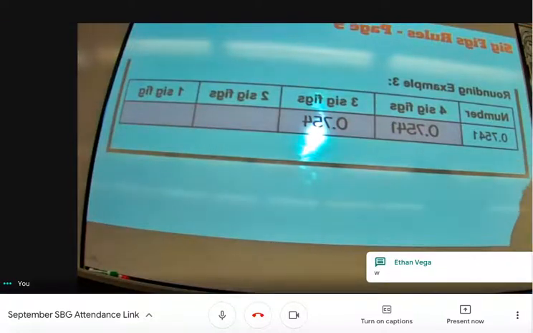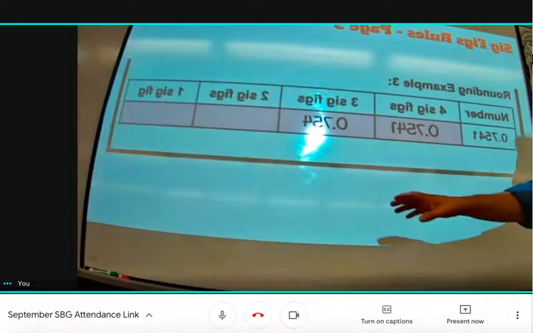At home, Jason Miggins, can you unmute yourself and tell me how to round this number to 2 significant figures? Jason? Okay, not getting an answer there. We're going to go with Allison Reynolds.